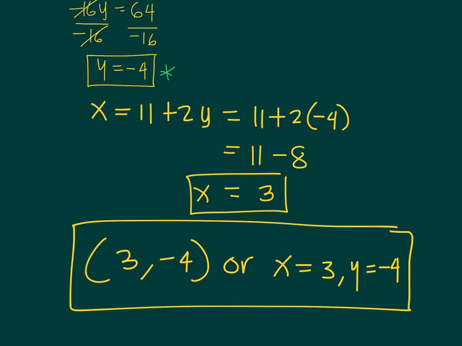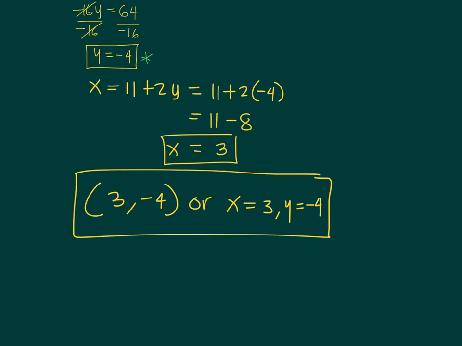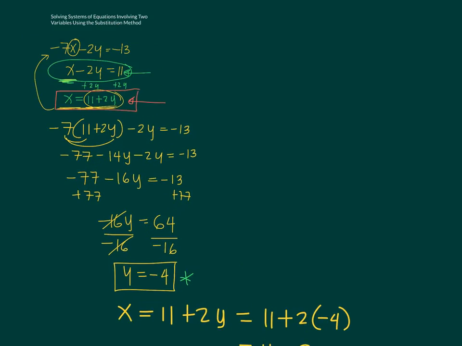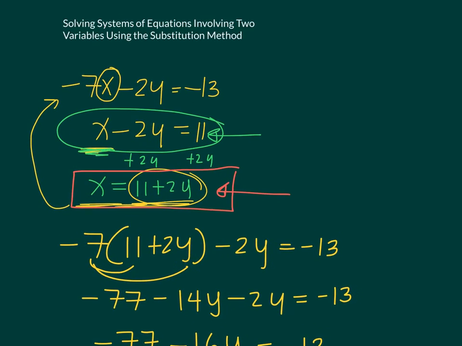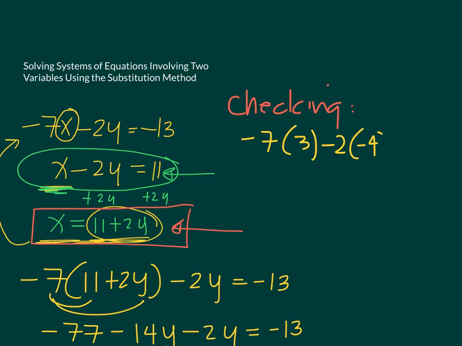Now, just to add an optional step to determine whether the solutions are correct, we will be checking by substituting the values in the original equations. So this is for checking. We have negative 7 times the value of x, which is 3, minus 2 times the value of y, negative 4.